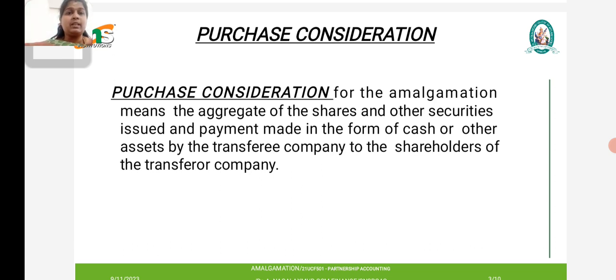Purchase consideration for the amalgamation means the aggregate of the shares and other securities issued and payment made in the form of cash or other assets by the transferee company to the shareholders of the transferor company. What I explained before.